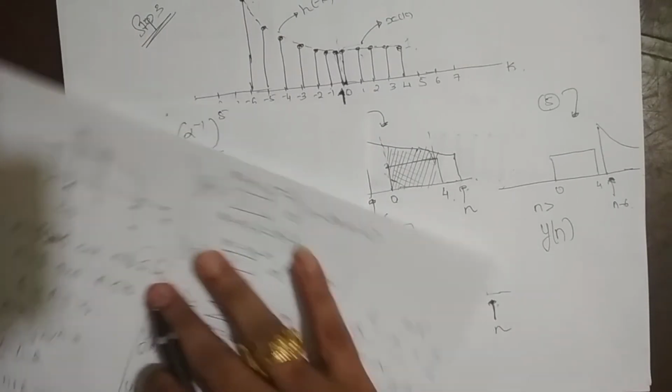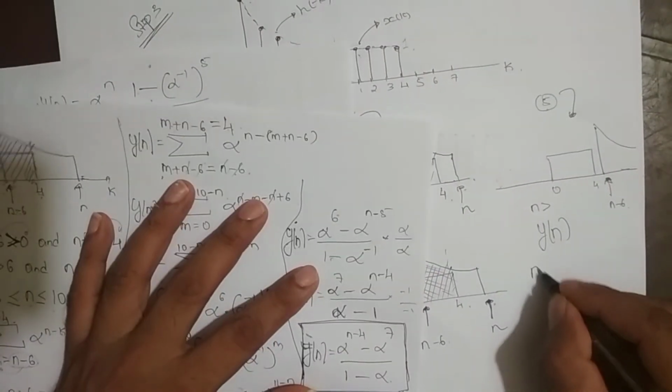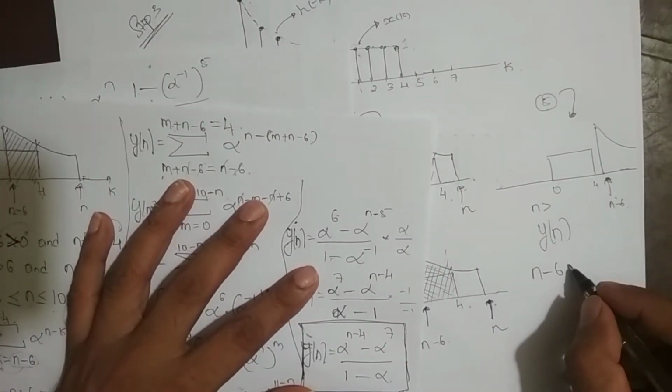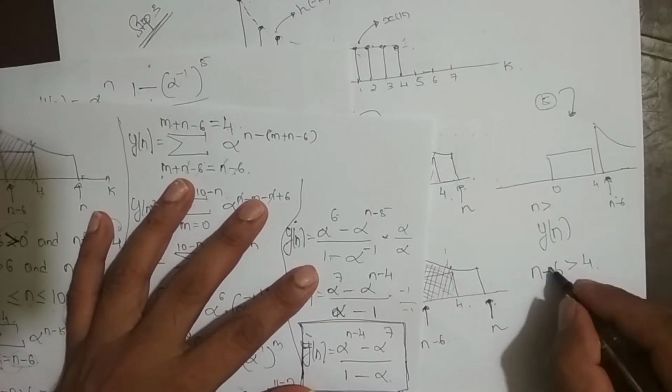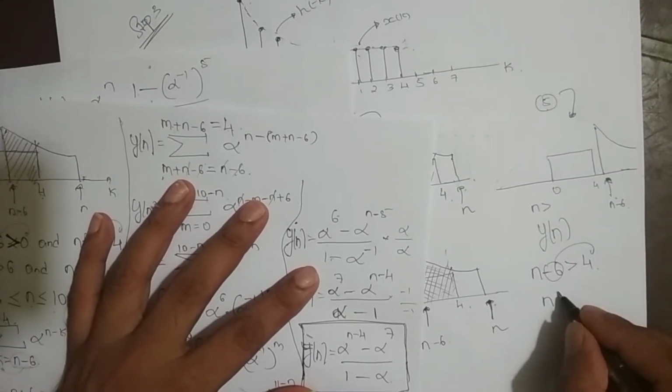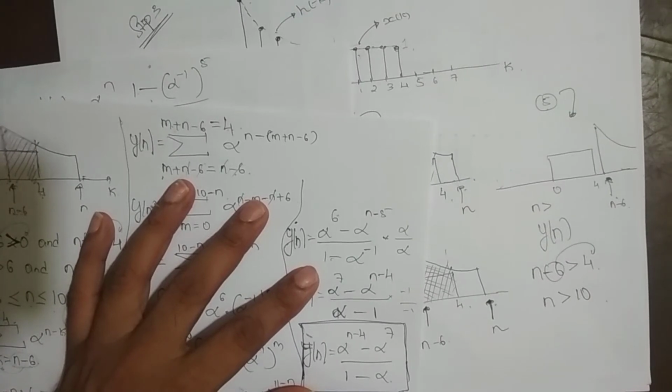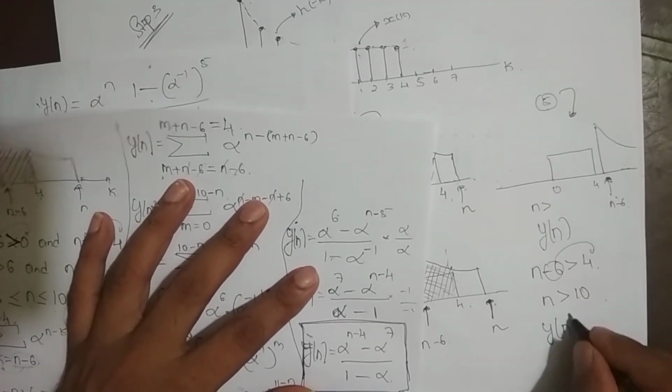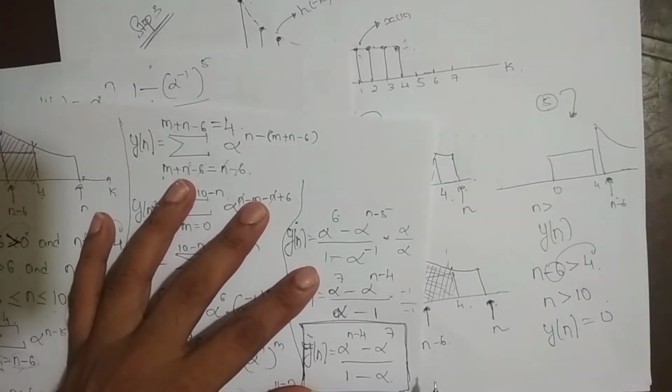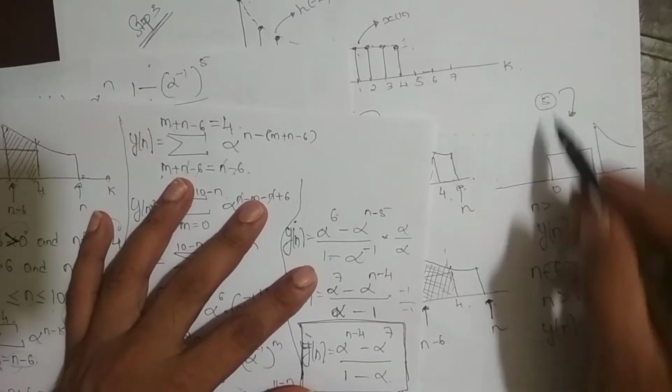So case 5 will be for n minus 6 greater than 4, or if I bring this to the other side, n is greater than 10, right? So for n greater than 10, what is y of n? Y of n is 0. Why? Because there is no overlap. So this is the equation for the last case.